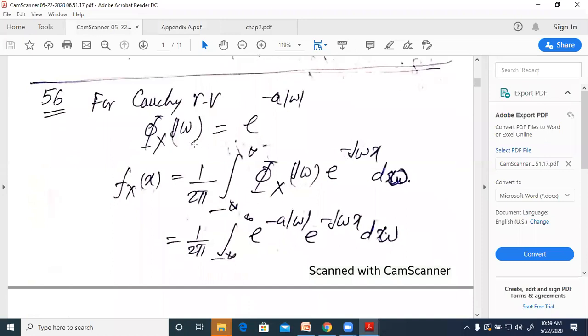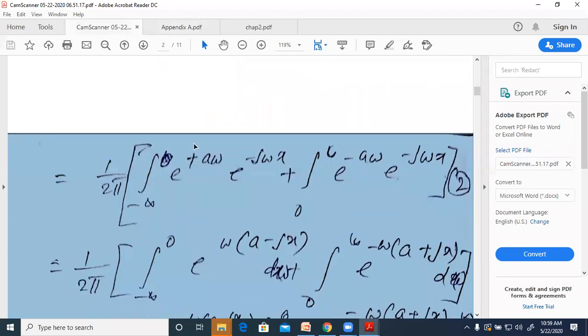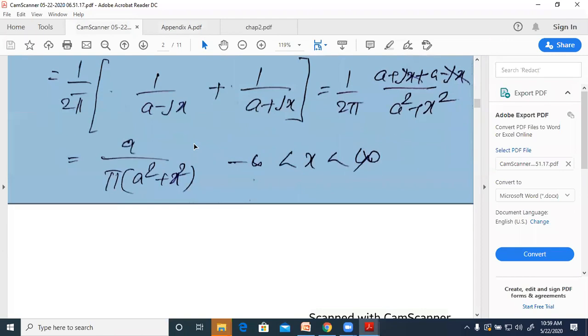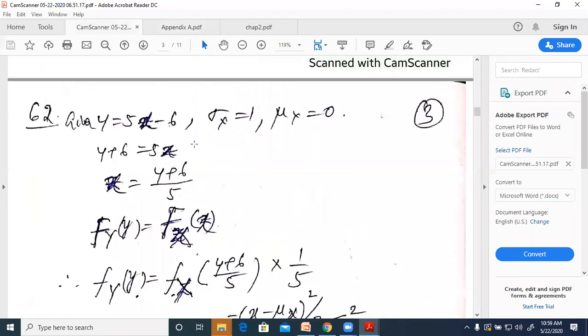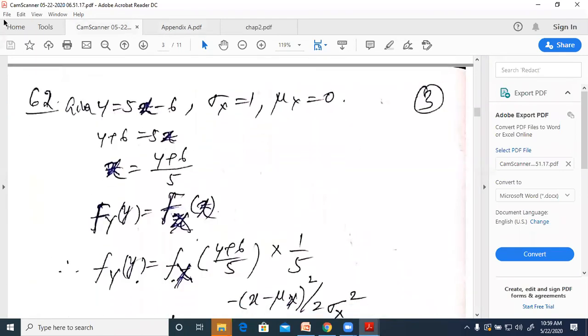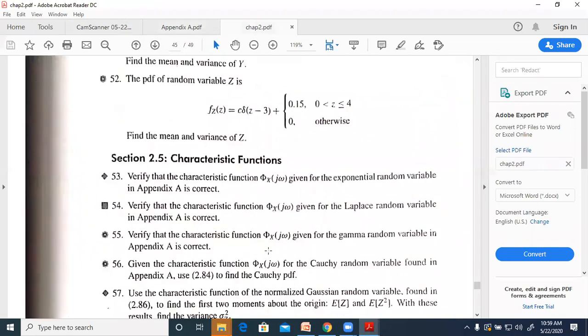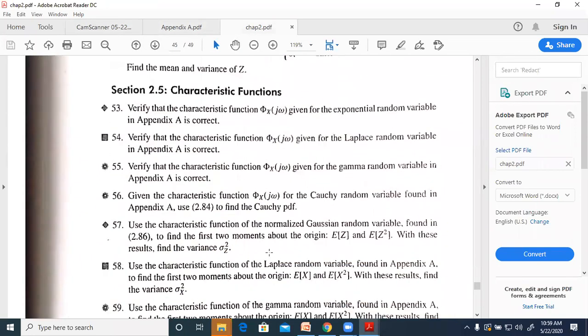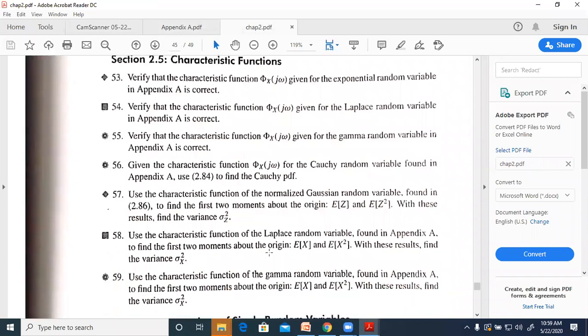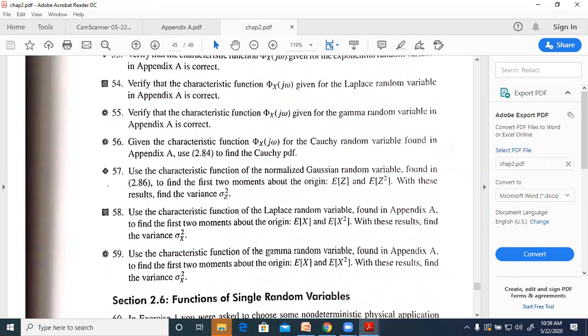Okay. Next, we will go for the next problem. Okay, the problem number 62, which I want to go over here. And if you see over here, the chapter 2, okay, so 53 to 55 same, 56 to 58 same, 57 to 59 same.